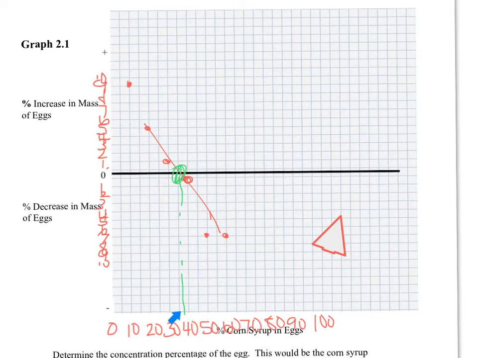And then you have 4 questions to answer on the back, and those questions need to be in complete sentences. You have to restate the questions in your answer, and you have a few minutes to get several of them done. So number 1 says explain any weight changes that were noted during this experiment. So you need to write out all the weight changes that you saw in the eggs. It doesn't have to be like, oh, 0 was this, 10 was this.